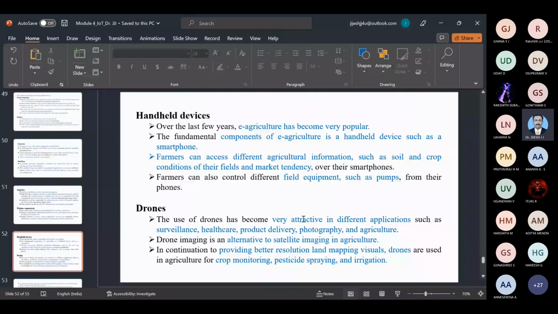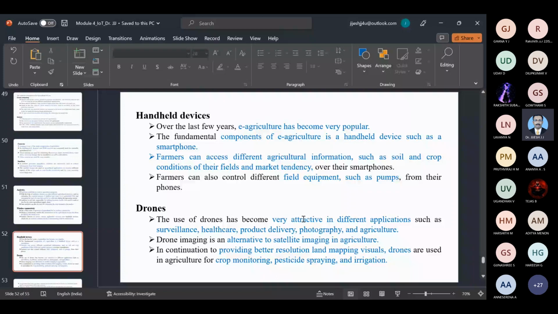You can give the command, you can have surveillance of the entire field, and you can see the health of the plant, the productivity, and how things go on in the agricultural land. We can also note that drone imaging is an alternative to satellite imaging of agricultural products.